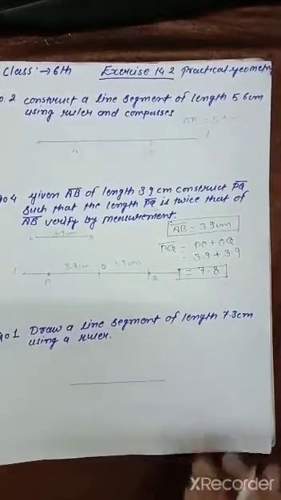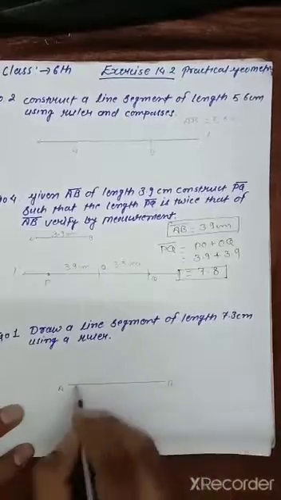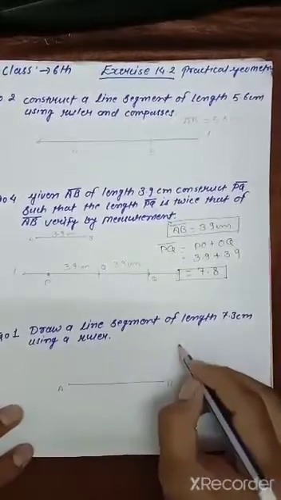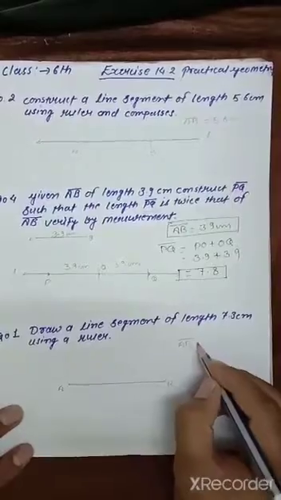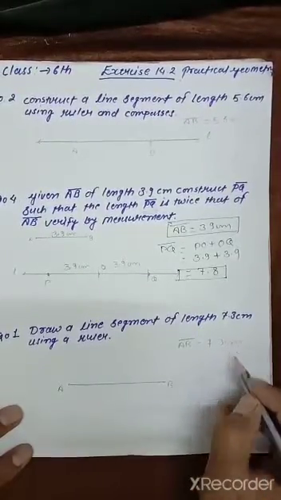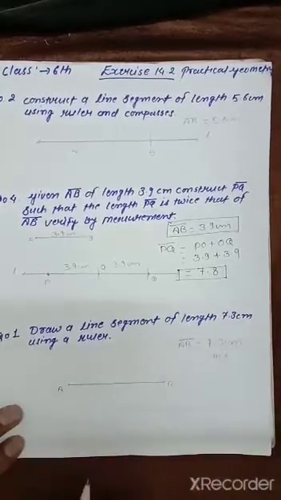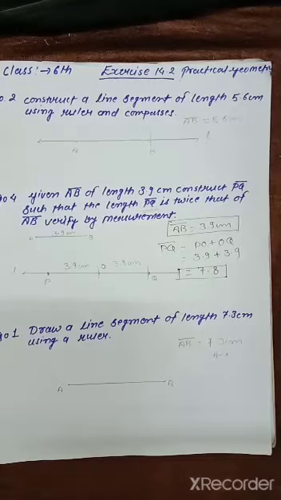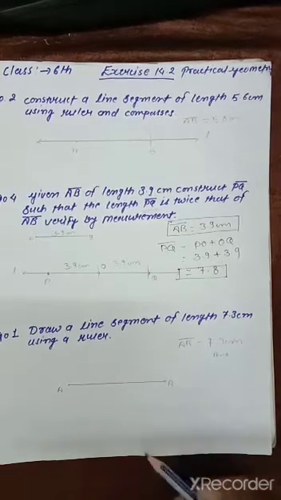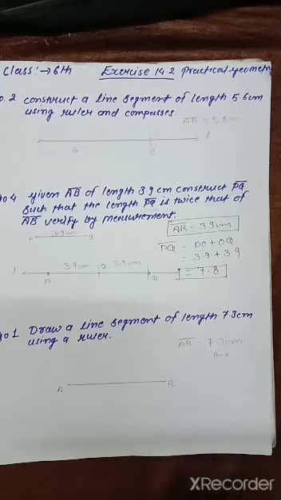Suppose we give the name of this line segment AB. So it will be line segment AB having a length of 7.3 centimeter. This will be our answer. It depends on you how you draw, and the rest of the construction part you have to write in your own words.